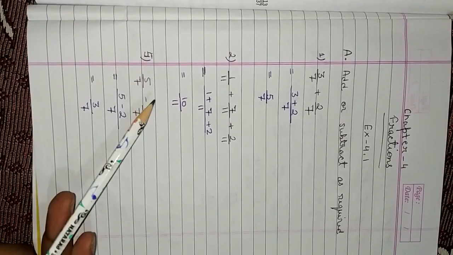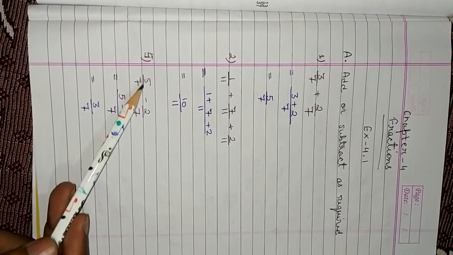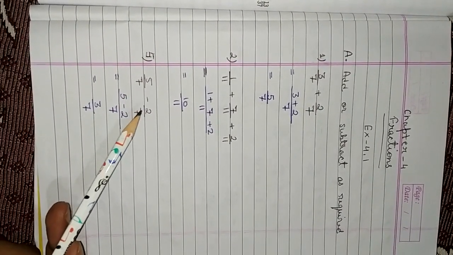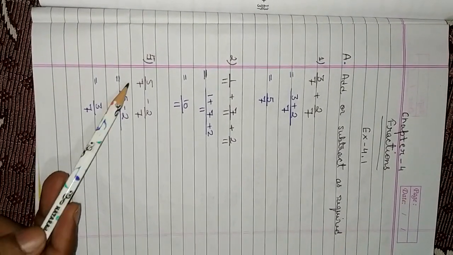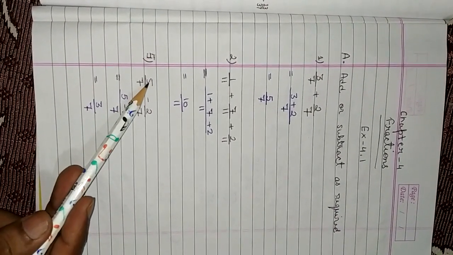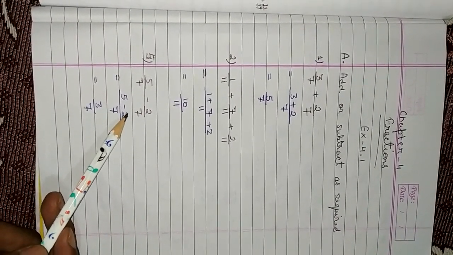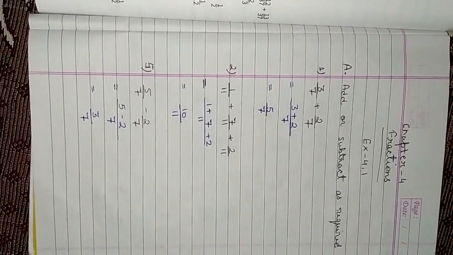Next, 5 by 7 minus 2 by 7. We have to subtract 2 by 7 from 5 by 7. Both are like fractions, so just write the denominator once. Now subtract 2 from 5, 5 minus 2, 3 by 7.